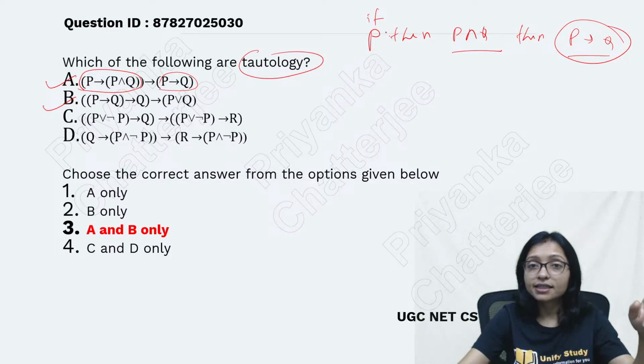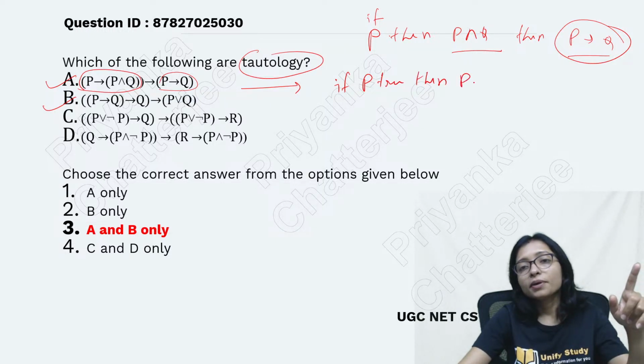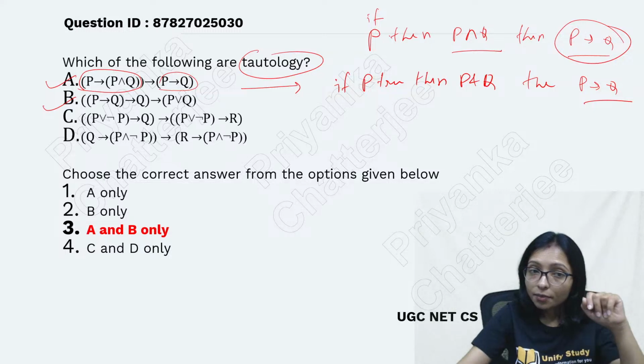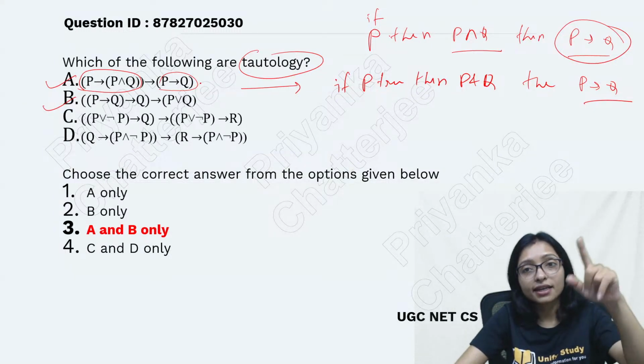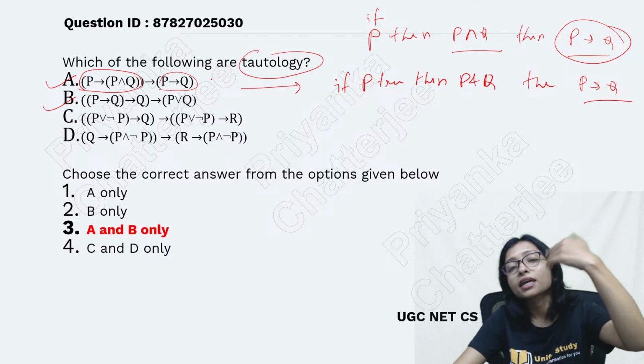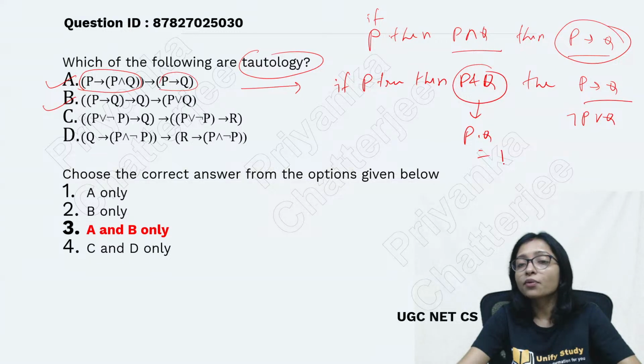So think logically like that way. If P is true, then P and Q is true. Then can I say that P implies Q? By logical thinking you can say yes, because it is not P or Q. P and Q is true means P and Q both are 1.